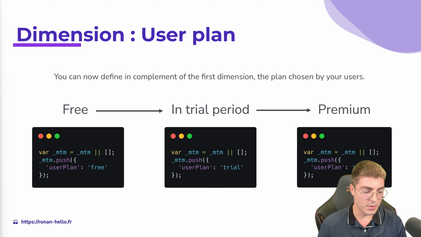During this period, I send a specific code, trial, as the value of the user plan variable in the data layer. And then when the trial period has ended, my user just switches to the premium plan, and I just send that value into the data layer of Matomo.